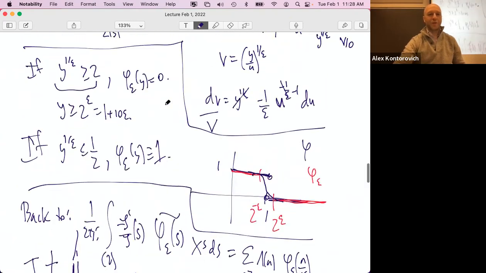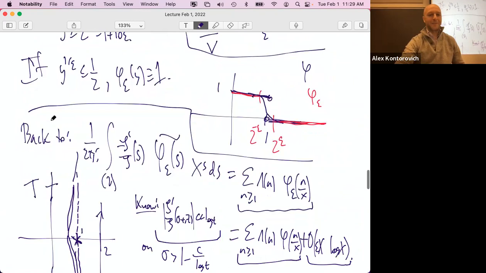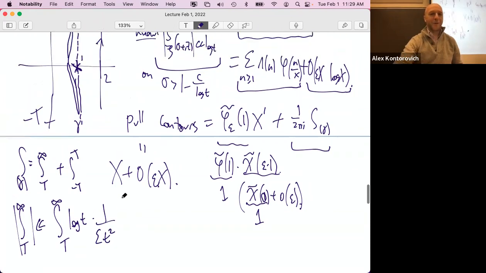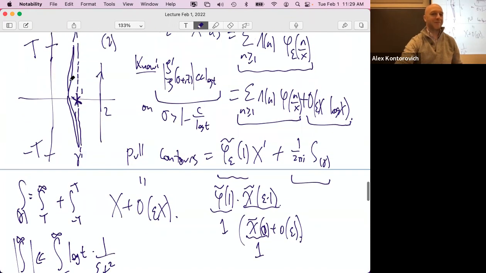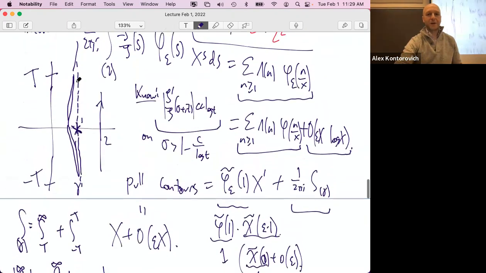We have this 1 over s squared, but with a cost of 1 over epsilon. So I get a 1 over epsilon t squared. The real part isn't changing, it's between 1/2 and 2 or something, so that's not going to give me any cancellation, but for large t, the absolute value of s is like the absolute value of t.